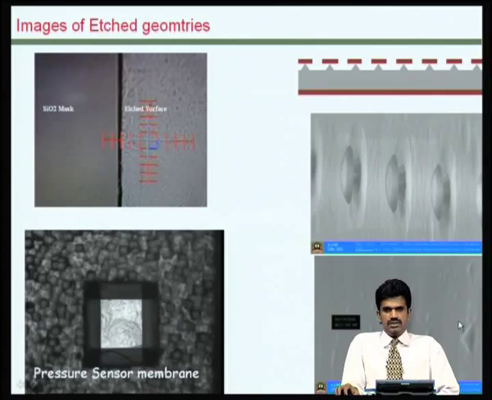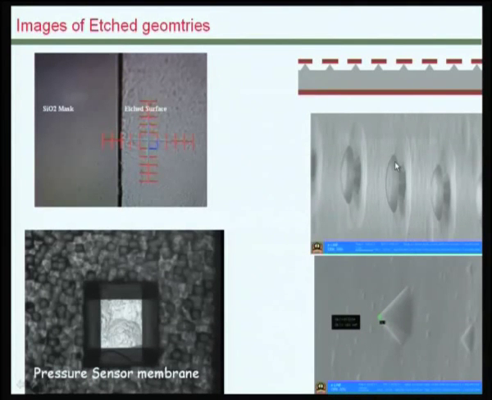What you see here is one interesting geometry that could be formed by bulk etching. When we have these small windows and we start using isotropic etching, there will be undercuts, and if the etch window dimensions are controlled properly, at the end of the etch process, this is the oxide that is remaining, and there are significant undercuts.